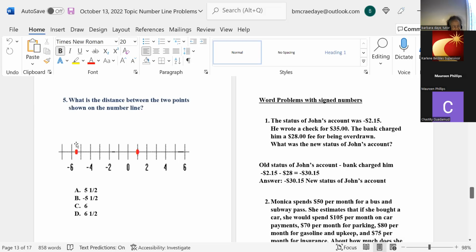Hold on. What is that value, Maureen? How about -5? It's a -5 right there. But that red dot there, what does that represent? What number?